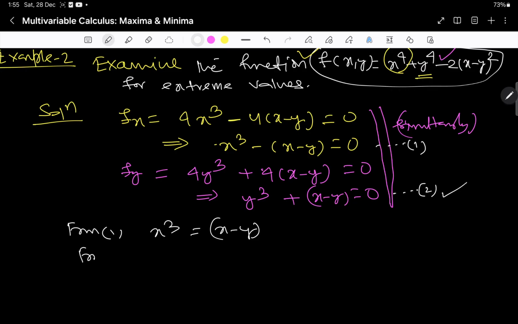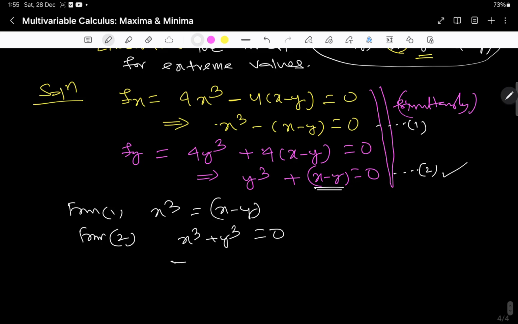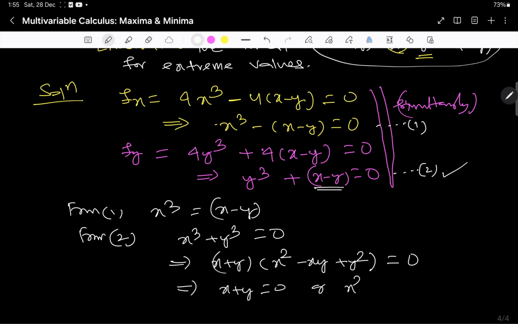From 2, your x minus y is x cubed. Your x cubed plus y cubed is equal to 0. You have your factorization formula. So this implies (x plus y) into (x square minus xy plus y square) is equal to 0. So that means x plus y is equal to 0 or x square minus xy plus y square is equal to 0.